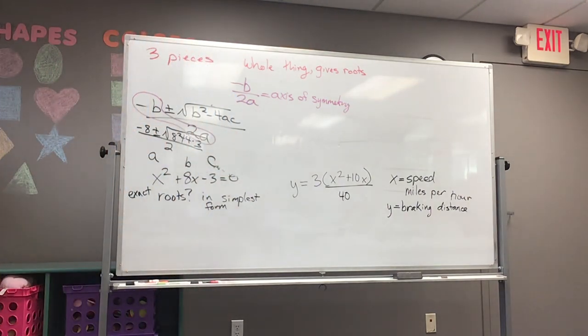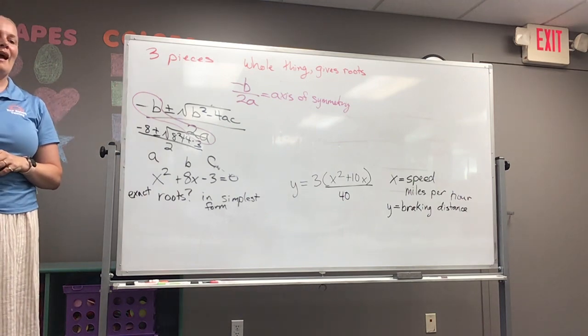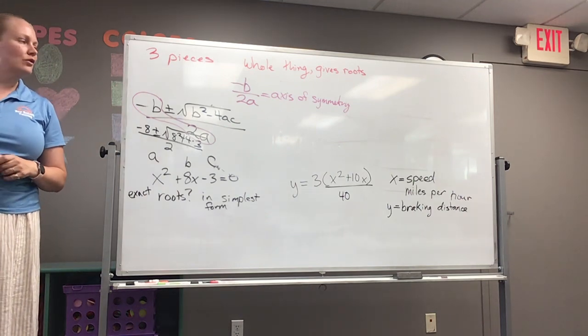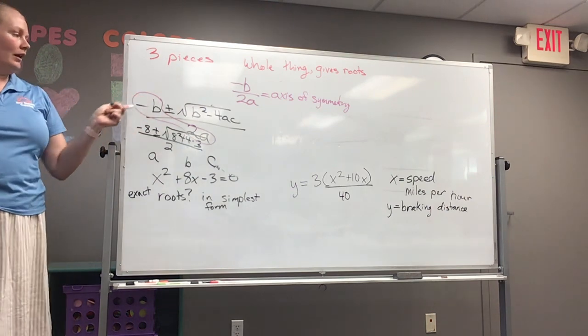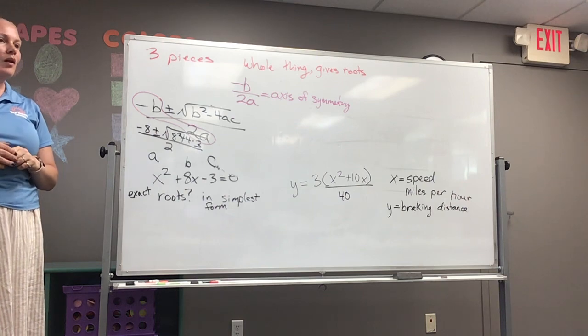And if you happen to be looking for a max or a min, that's your x-coordinate for the max or min. And so you can shortcut, and again, if you've got the whole thing memorized, know that that front piece is the middle that you're looking for.